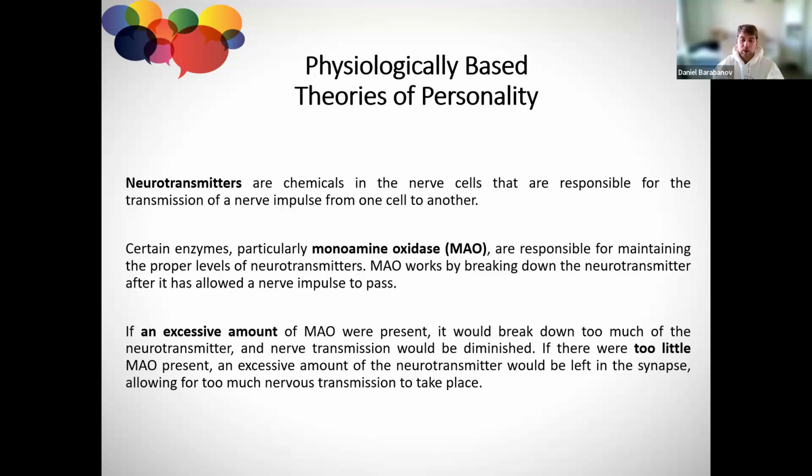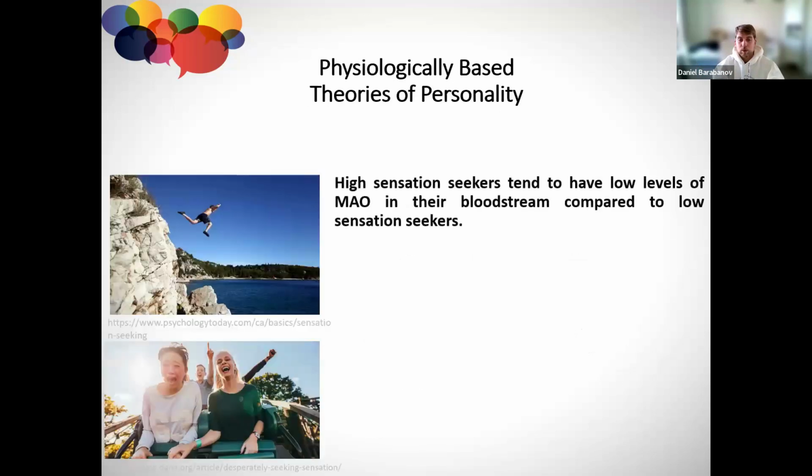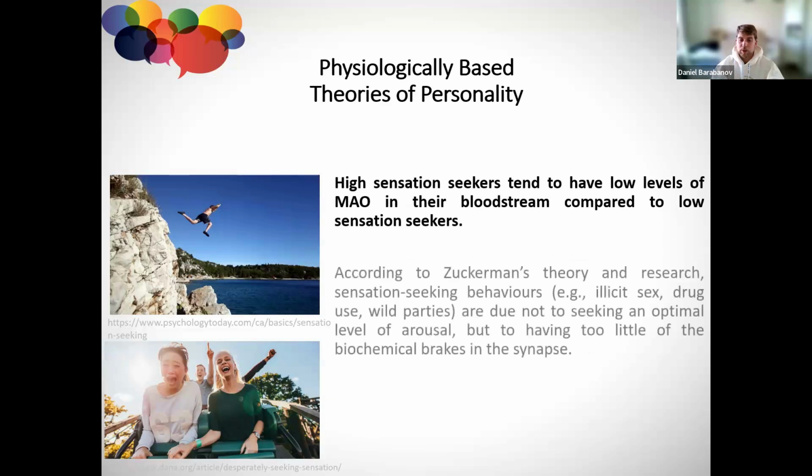High sensation seekers tend to have low levels of MAO in their bloodstream. So transmission of the message becomes too strong compared to people with low sensation seeking, who have either enough MAO or too much MAO in their synaptic gaps.